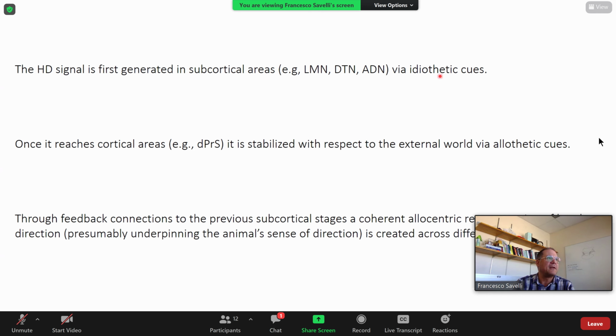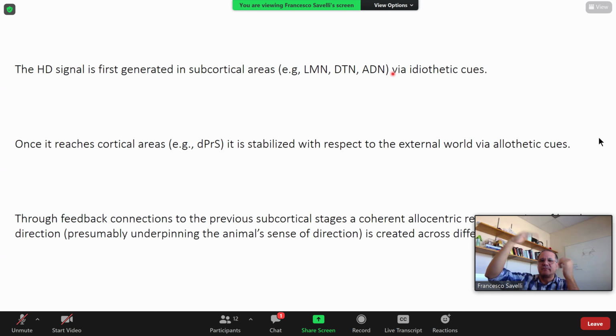Because if you're representing your position on that ring, and you only move with the idiothetic cues as a form of path integration, well, we know that eventually we're going to accumulate error, right? But here comes the postsubiculum, the cortical area that allows landmarks to reset that signal, right?